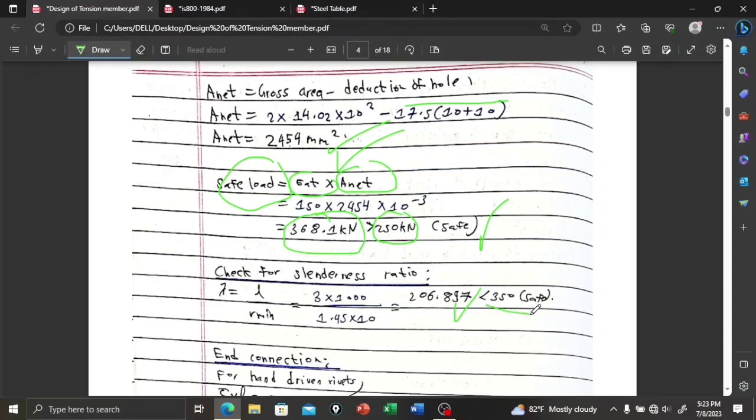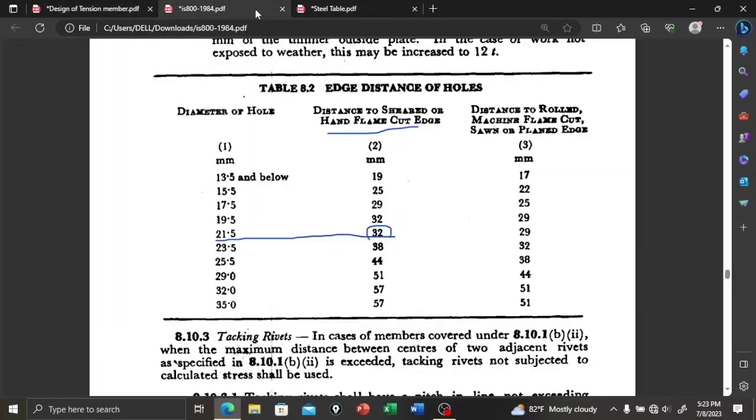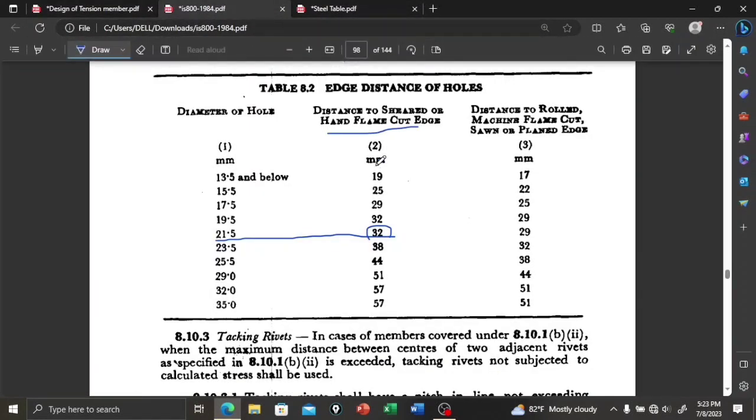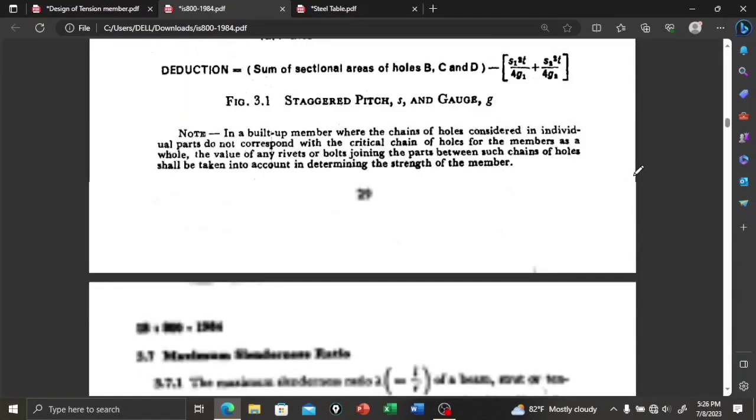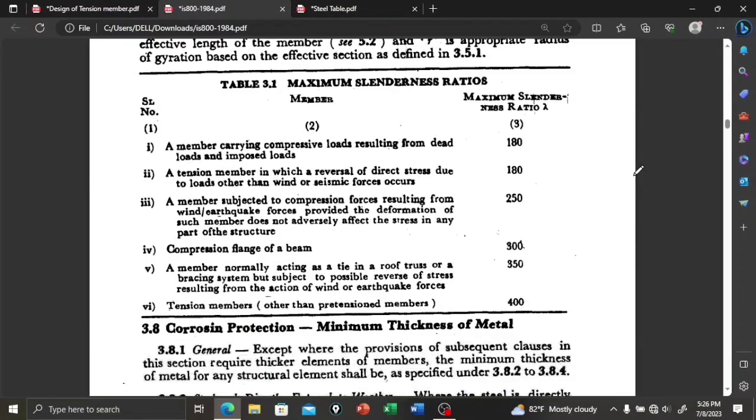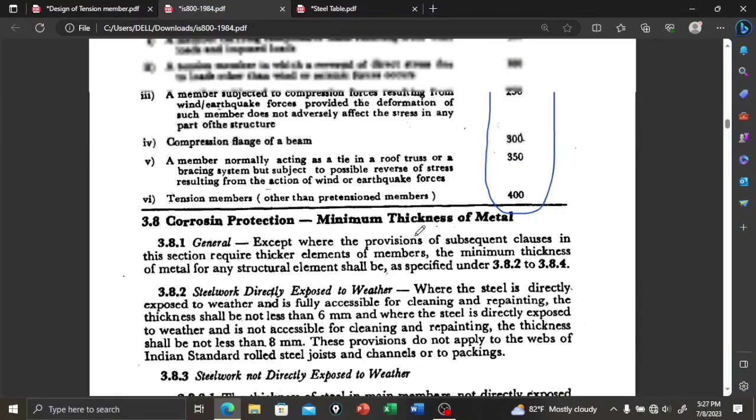This value is also given in the code, in table 3.1, and the maximum slenderness ratio is given on page number 30.